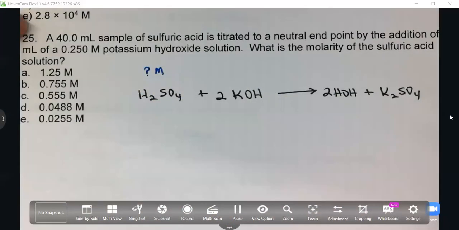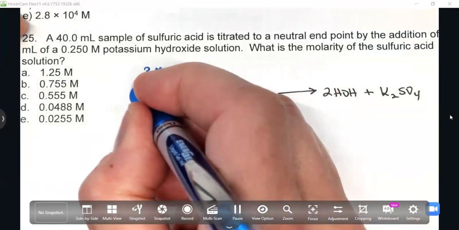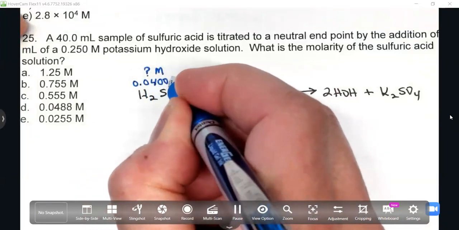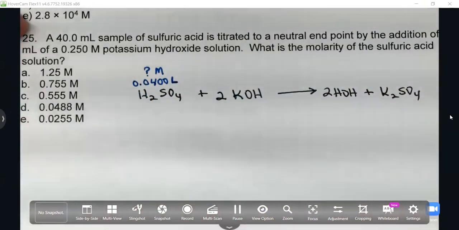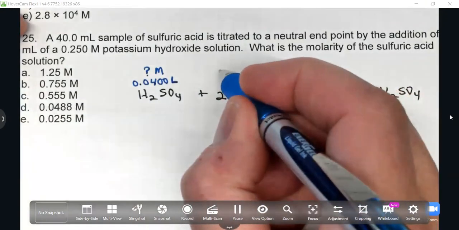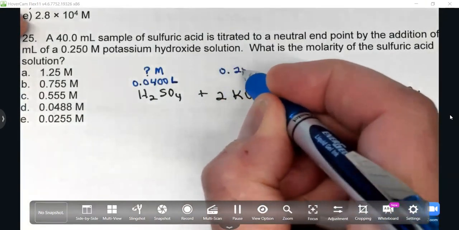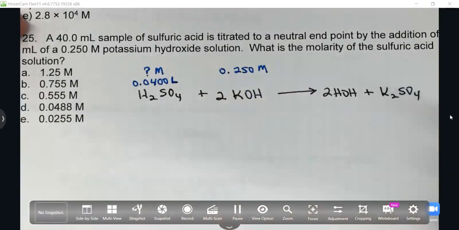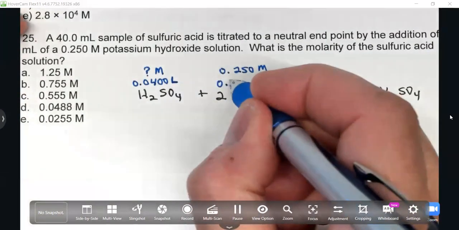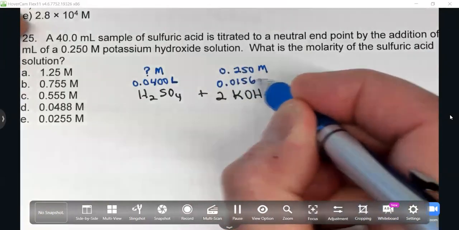We're looking for the molarity here. 0.250 molarity here. And 0.0156.